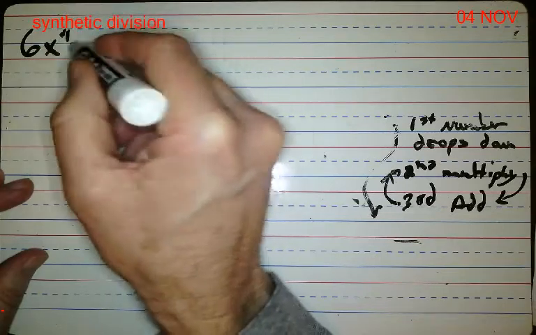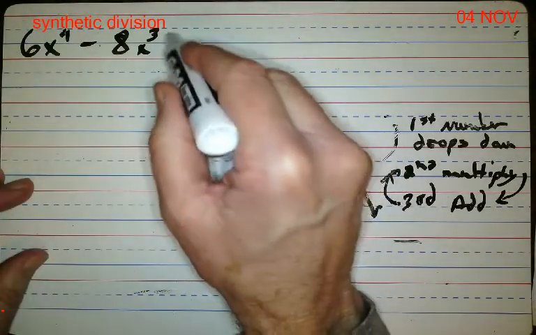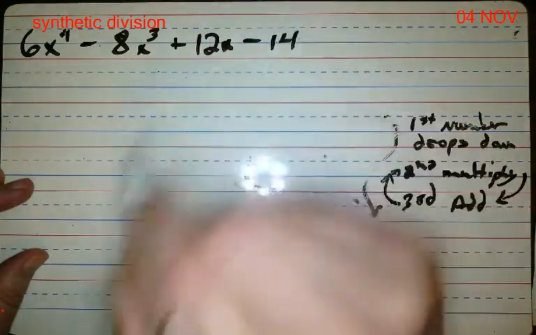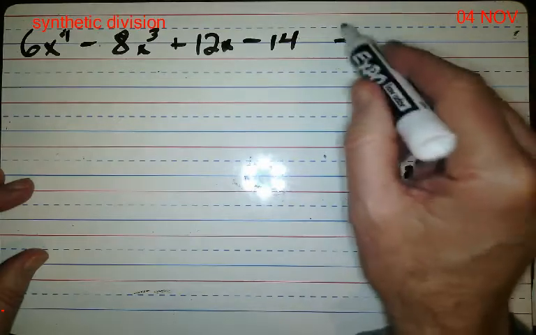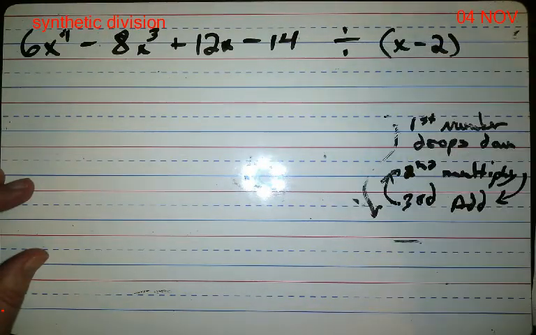6x⁴ minus 8x³ plus 12x minus 14. And I'm dividing by x minus 2. Okay.